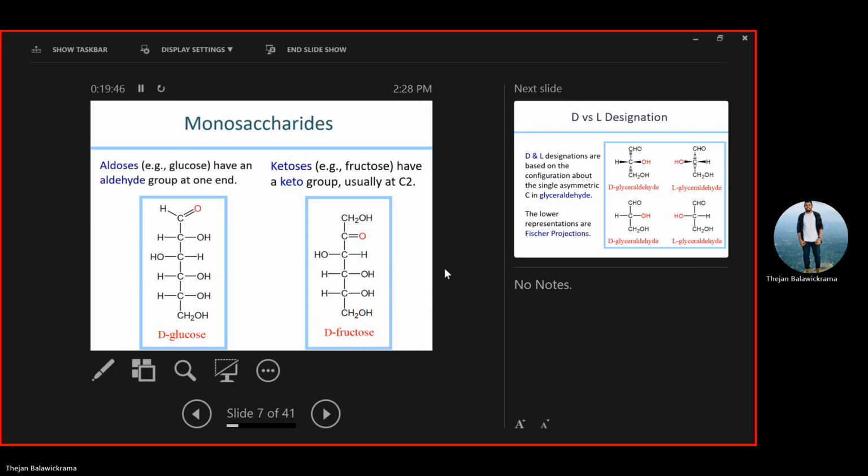Another one, alkene: carbon-carbon double bonds, like this.